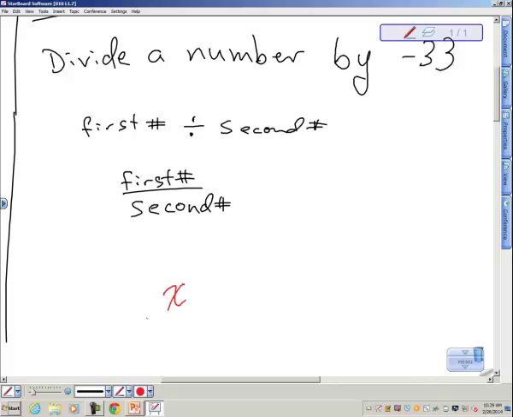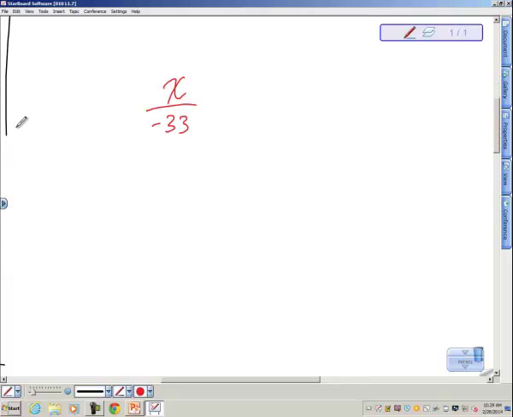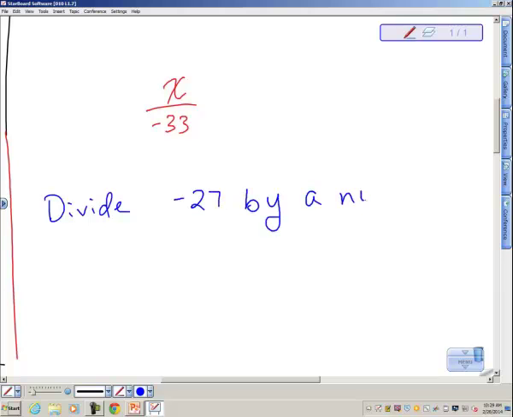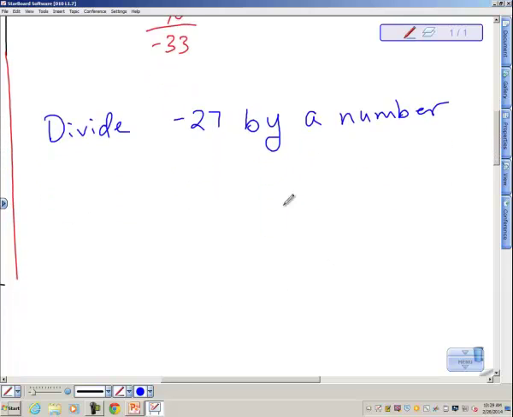X, right, over negative 33. Now what if we were to write: divide negative 27 by a number? How would you write that? Negative 27 over x, because negative 27 was first in the sentence.